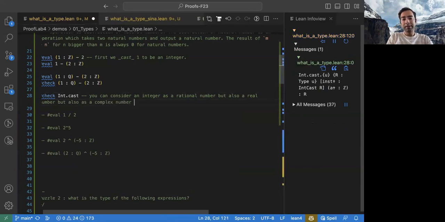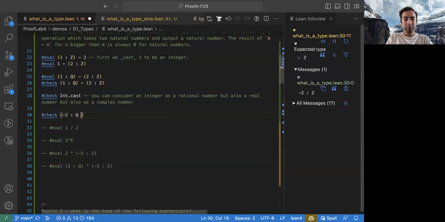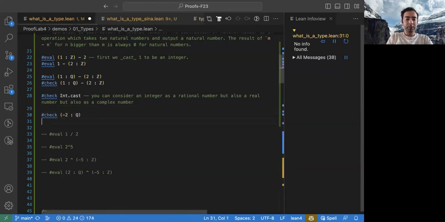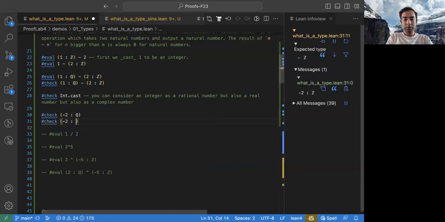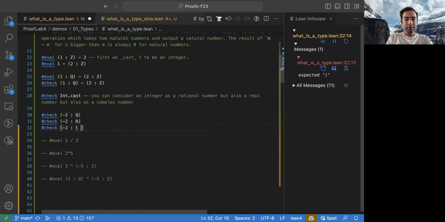So there are multiple castings that can happen for a number like -2. And we can see this by saying -2 is in Q, so that works. And we can cast -2 to be R, and we can cast it to be in complex numbers.